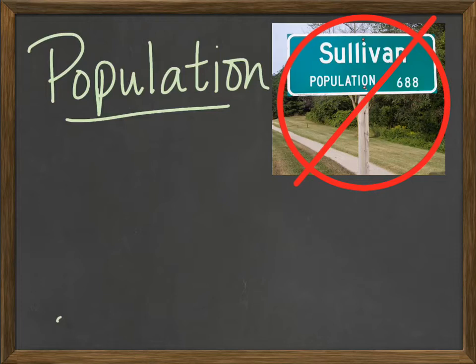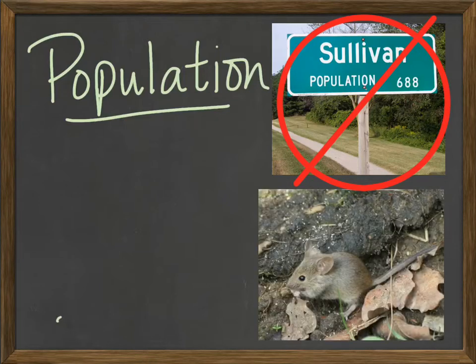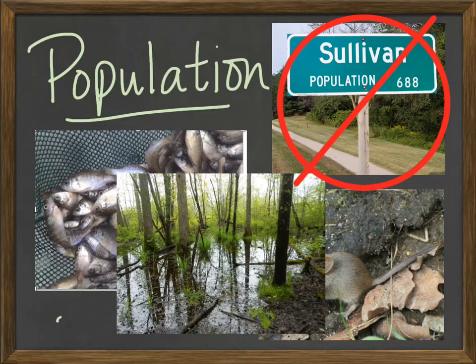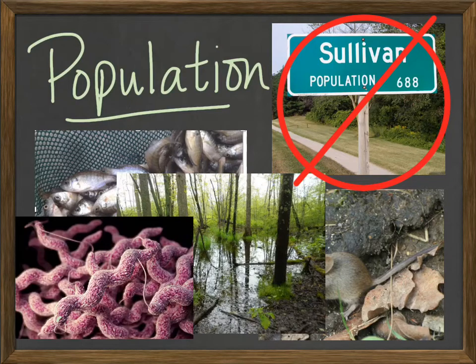In a biological sense, when we talk about population, it's all the field mice living in a particular field, or all the bluegill living in a particular lake, or all the silver maple trees living in a particular woodlot, or all the bacteria living in a particular human gut, or skin, human body. That's a population.